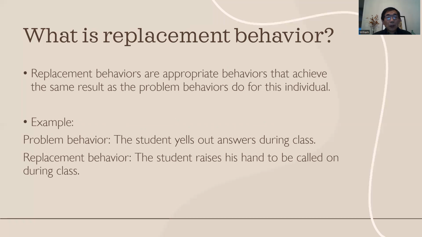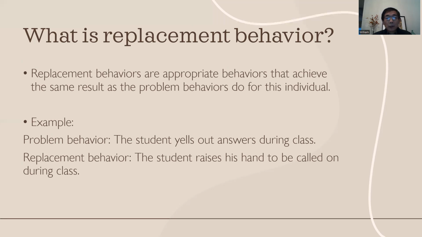This slide talks about what replacement behavior is. Replacement behaviors are appropriate behaviors that achieve the same result as the problem behavior does for this individual. Example, problem behavior: the student yells out during the answering session.